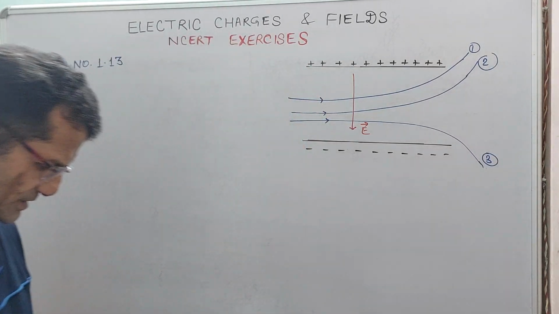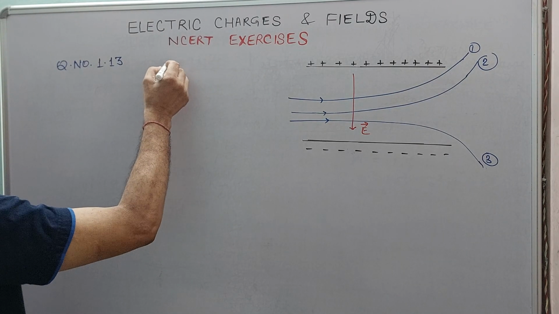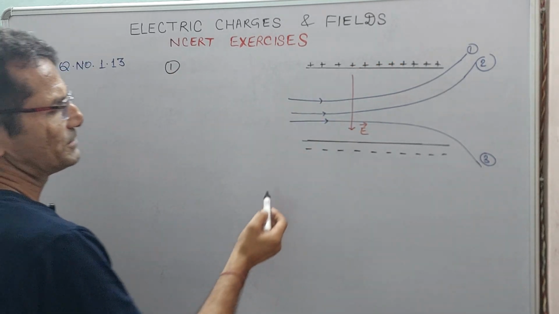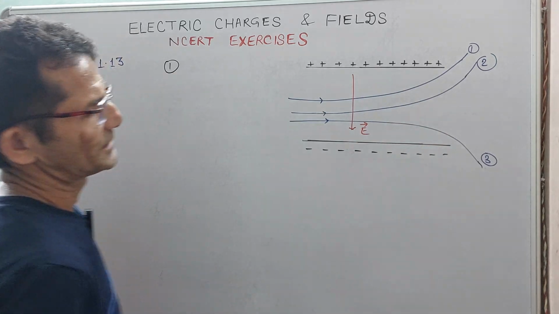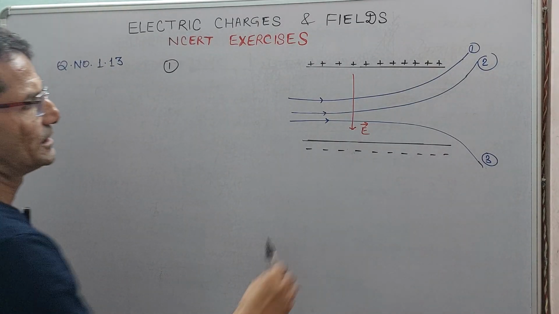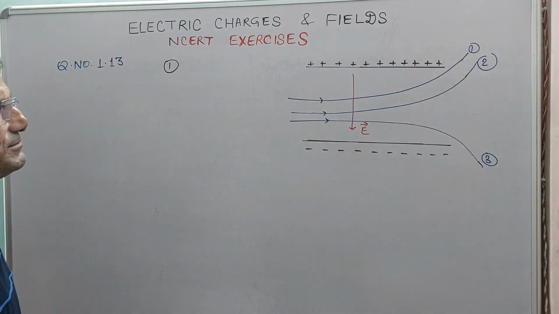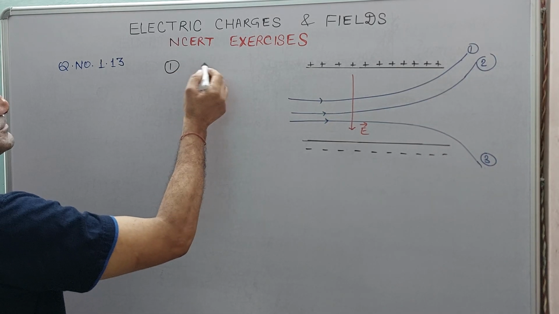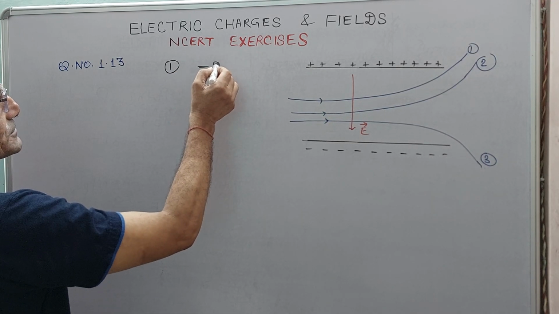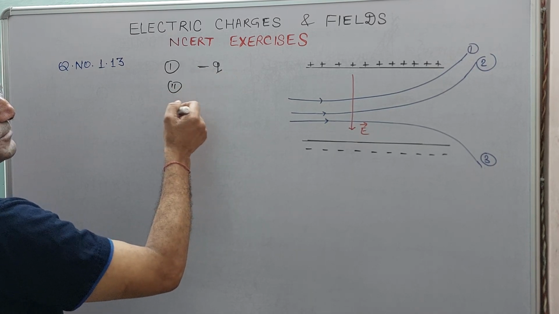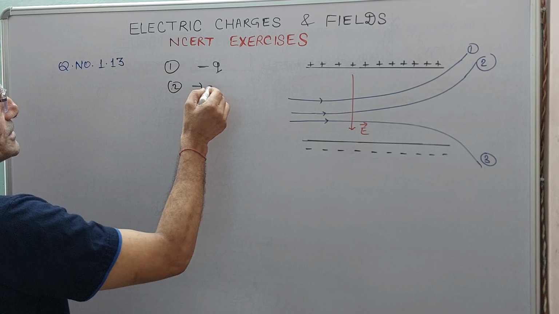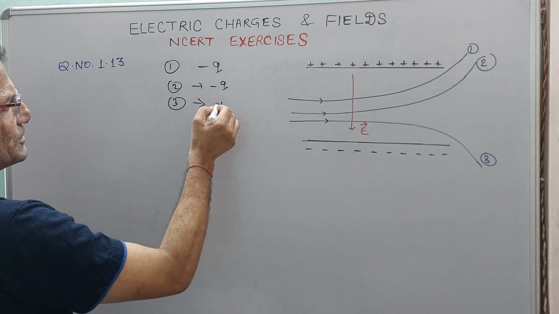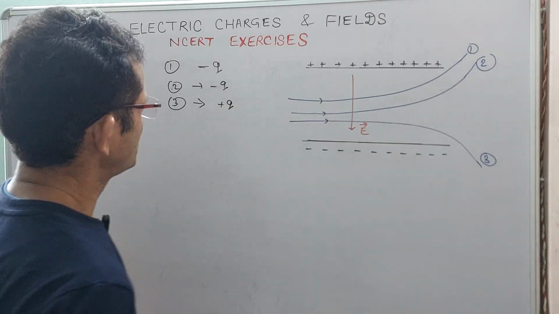So now here in this question, all have passed through the electric field, so they have experienced the same electric field. Now the first particle definitely will have a negative charge, minus q, and the second particle number 2 also has a negative charge, and particle number 3 has a positive charge because it turns toward the negative plate.